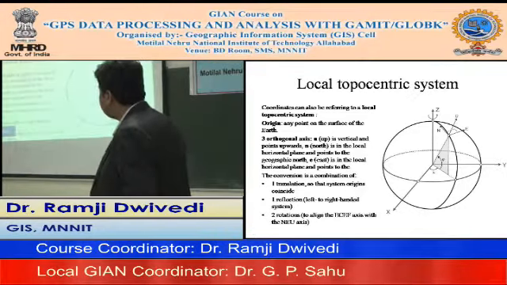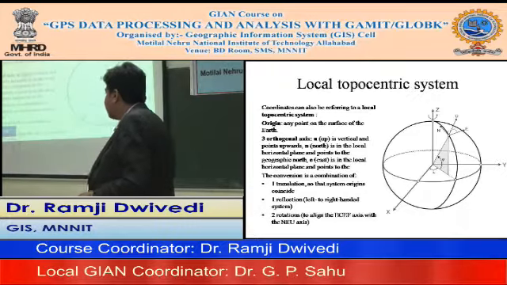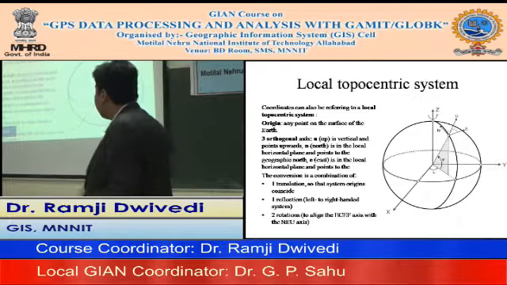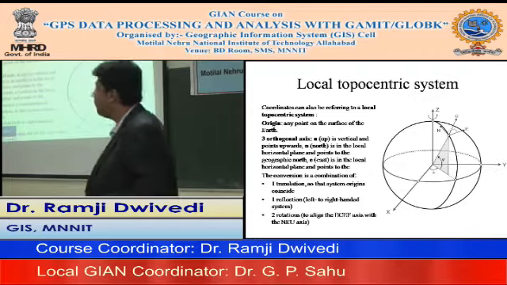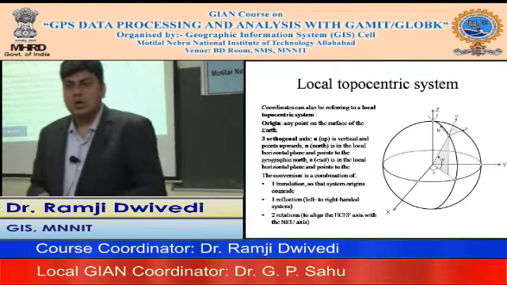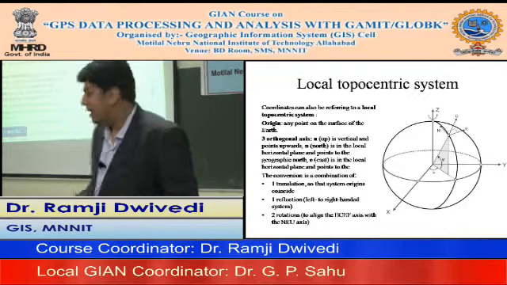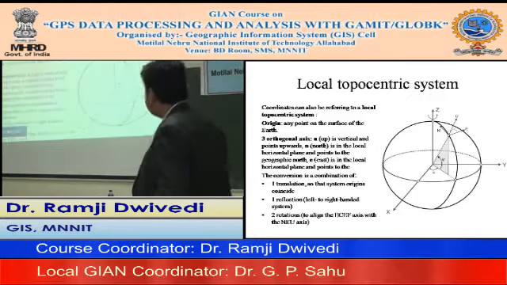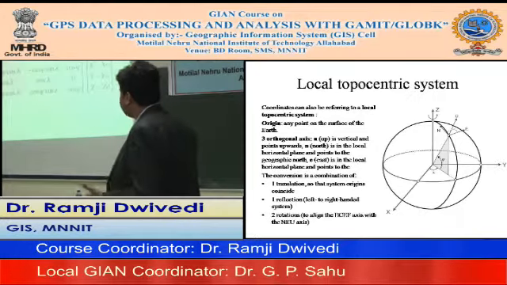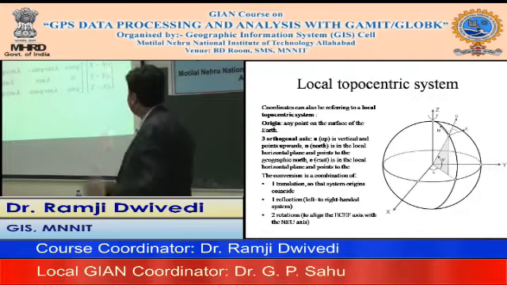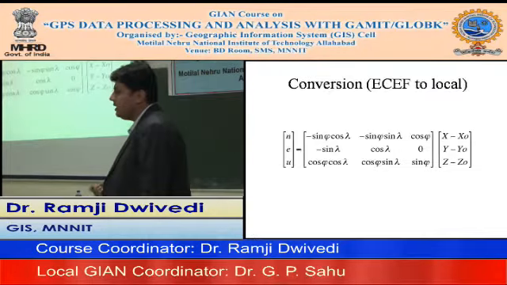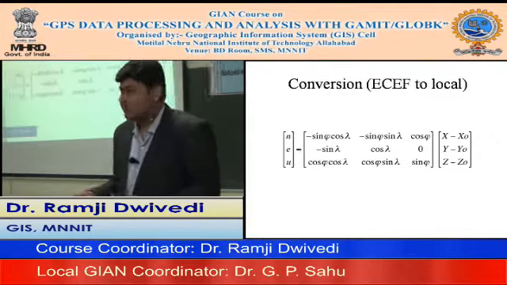By making certain translation, by making a reflection to go from left hand to right hand, and then rotating about the ECEF axis, you can get the local coordinate of the same point. So those are the three basic systems. Conversion from ECEF to local is also possible. We are more interested in this.